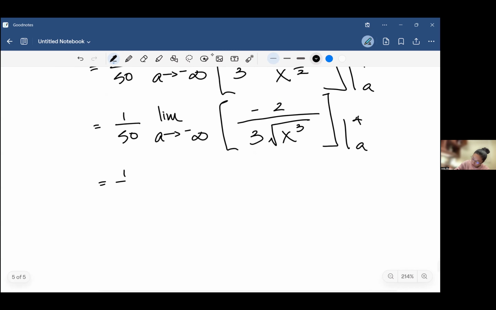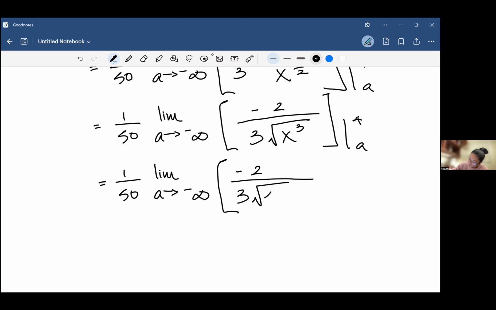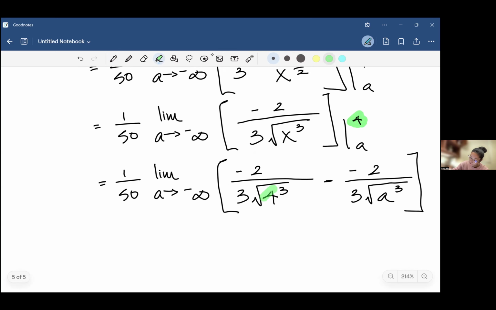We've got 1 over 50, the limit as a approaches negative infinity of negative 2 over 3 times the square root of 4 cubed. So I plug in my top bound first, minus the negative 2 over 3 times the square root of a cubed. Okay. So I'm plugging in my top bound first, and then I'm plugging in my bottom bound second, and then I subtract the two.